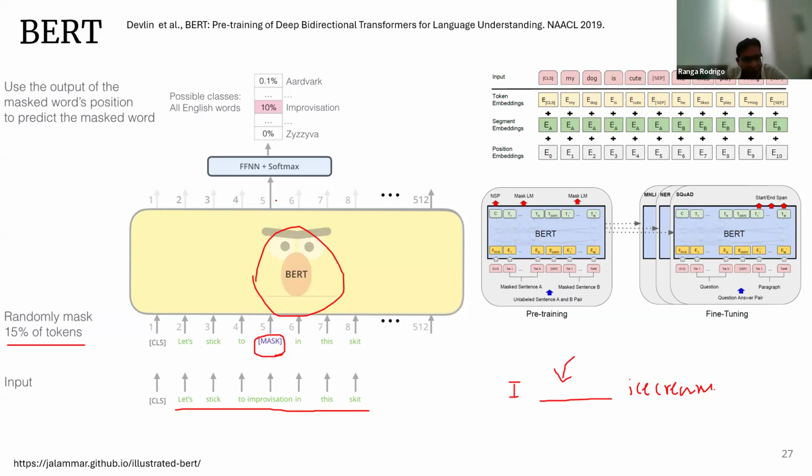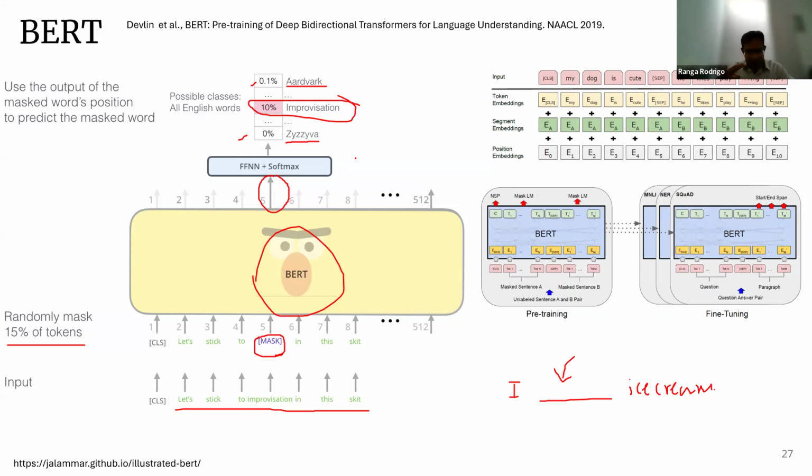And now for that position 5, it predicts probabilities. So for the first word in English, aardvark, probability is 0.1. For the last word in English, I think there are about 30,000 words like that in English, for each of them they predict a probability. So hopefully the highest probability is for this word. So that will be it.